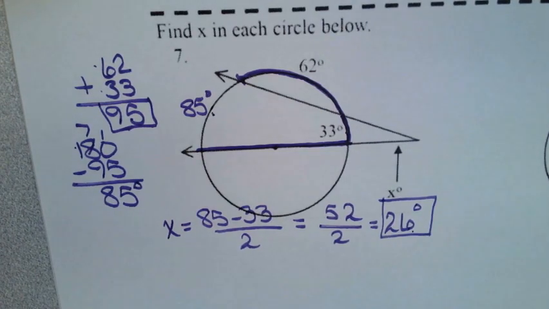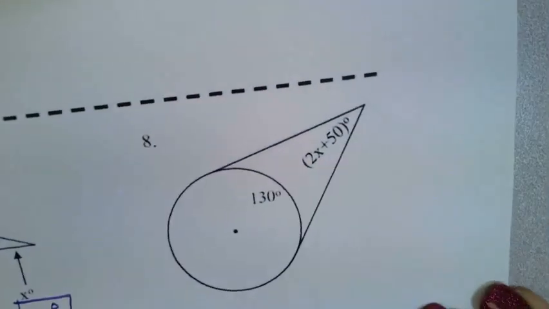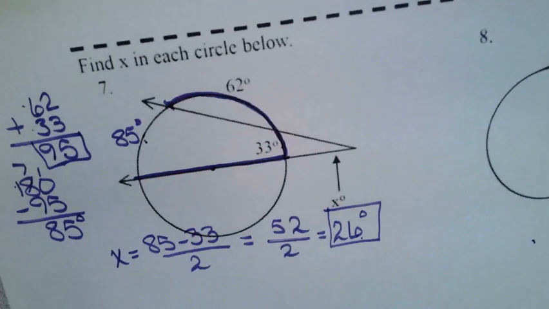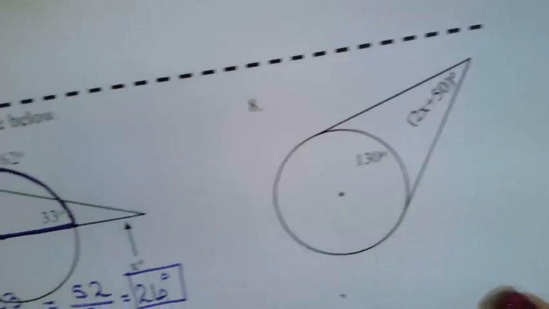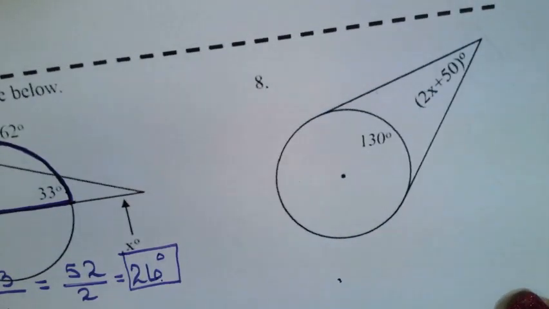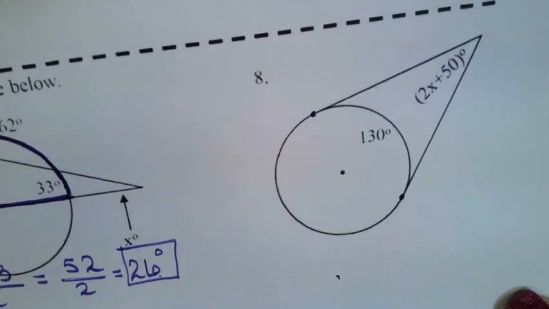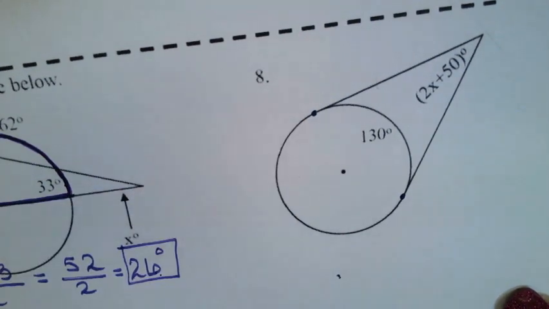There you have it. Okay, so the next example is another example of the exact same thing. Notice how different they look, but both of them are dealing with an angle outside the circle. The difference is this one has tangents. There's still an outer arc and an inner arc.